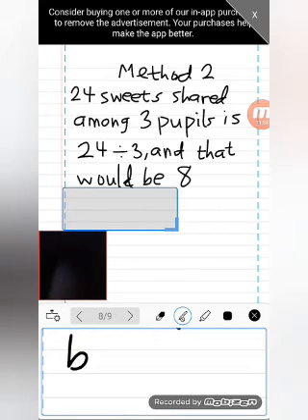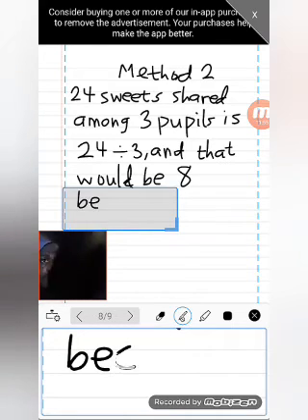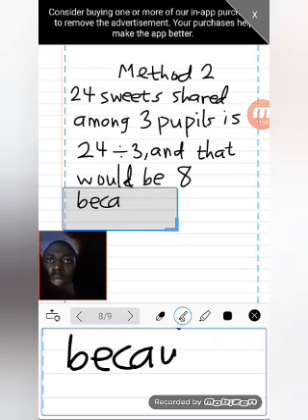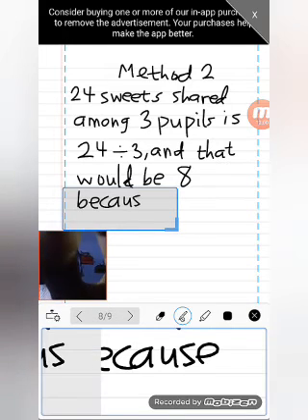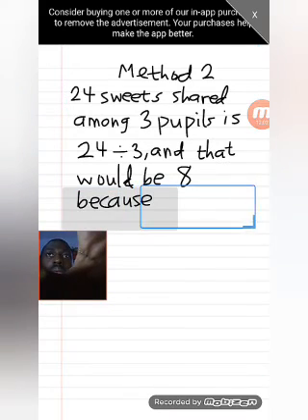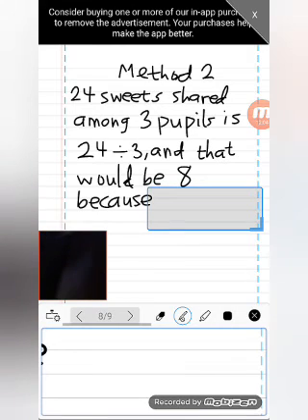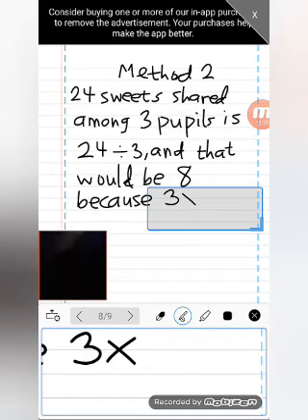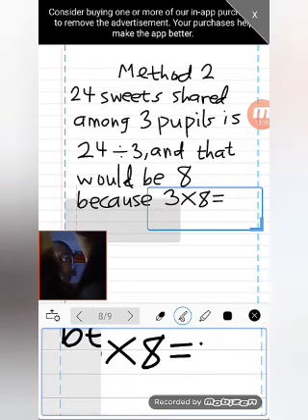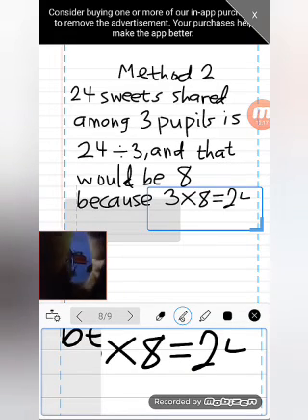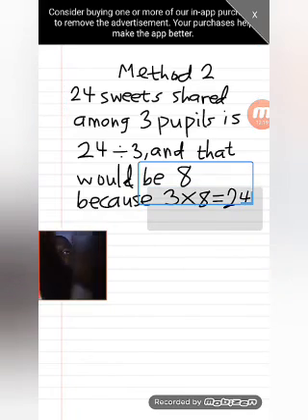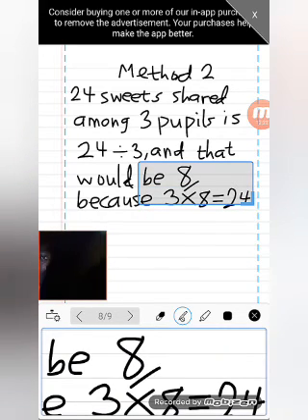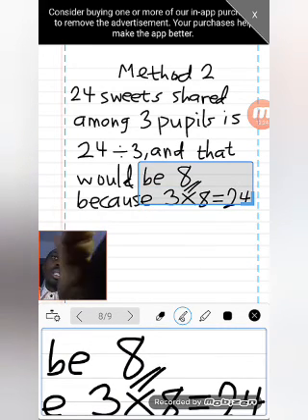Because 3 multiplied by 8 is 24. So that's why we got the answer as 8.